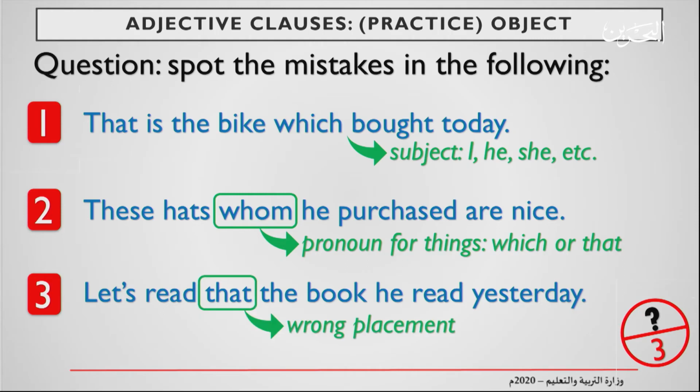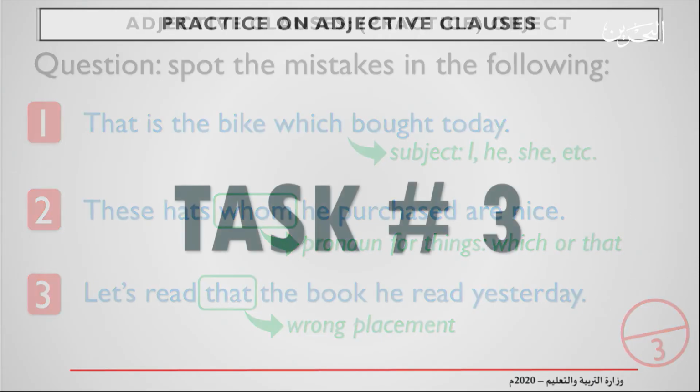The answer is, again, wrong pronoun. You don't place it here, you place it somewhere else. Let's read that, the book. No, you say, let's read the book that. You place it right here. That he read yesterday. Now, give yourself a mark of 3 and let's carry on.